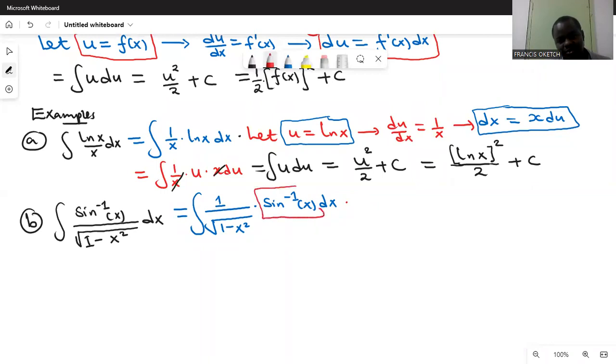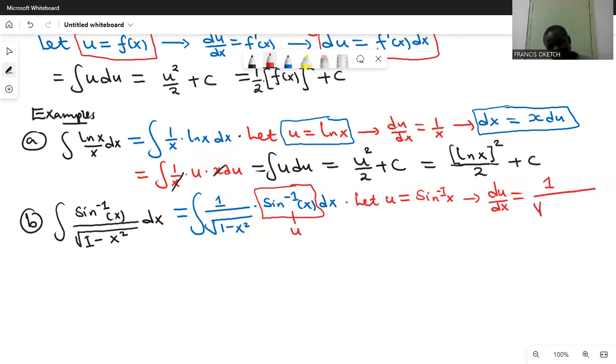Let this be u. So let u be equal to sine inverse of x. So when you differentiate, it means du dx will give us 1 over the square root of 1 minus x squared.